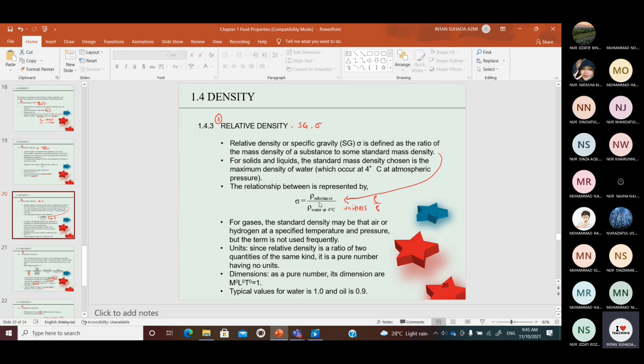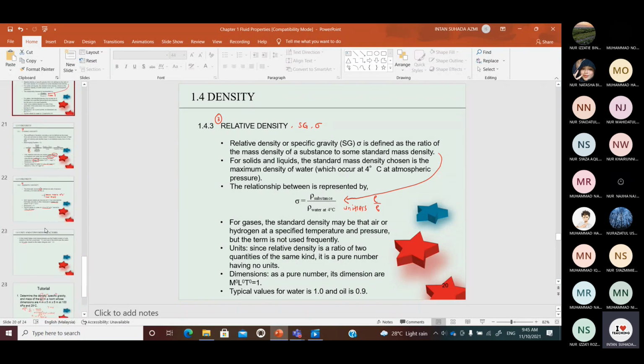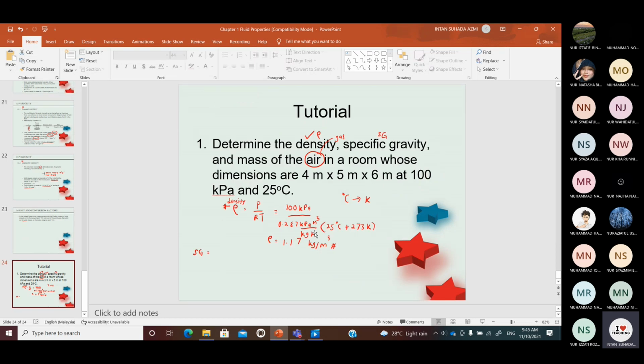You already calculated the density of your substance, your air, and you also have the density of water, 1000 kg per meter cube. So you can solve this one.